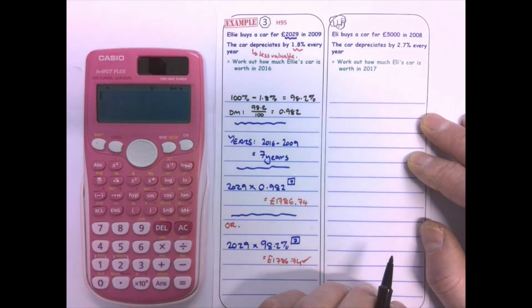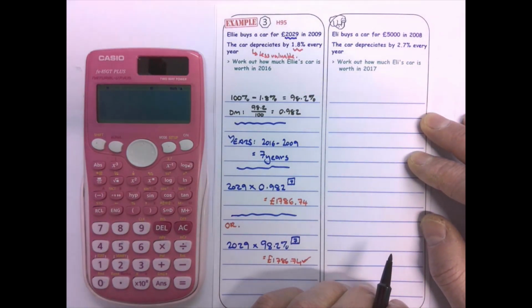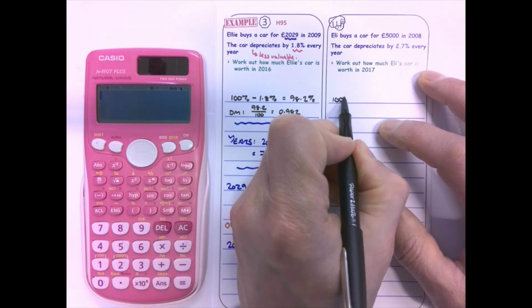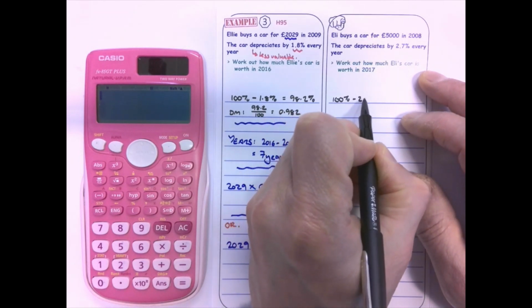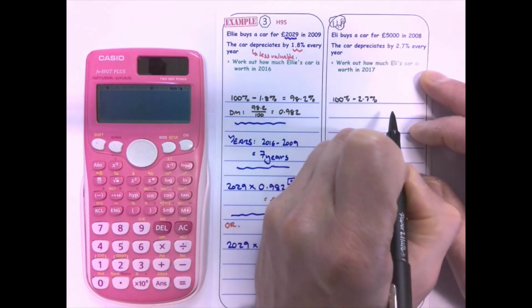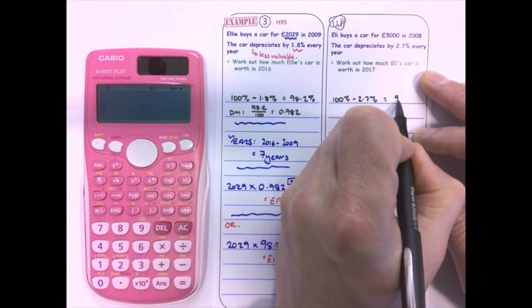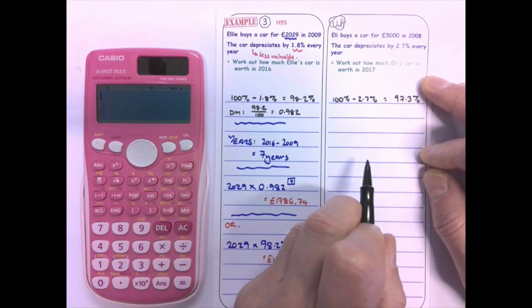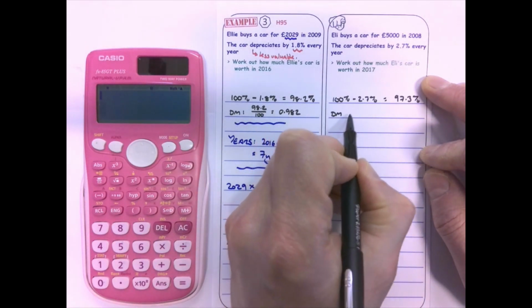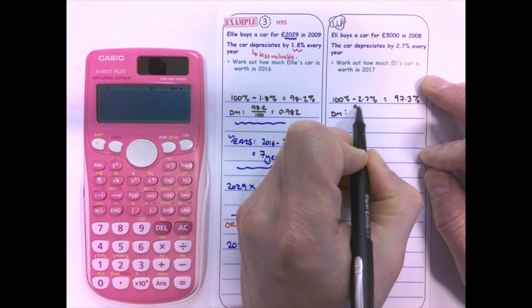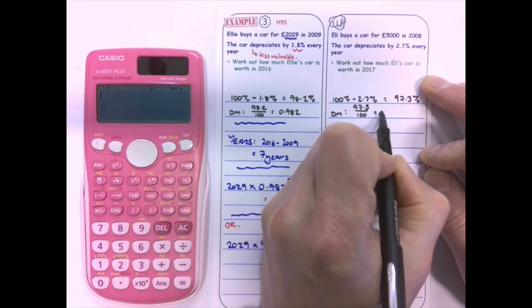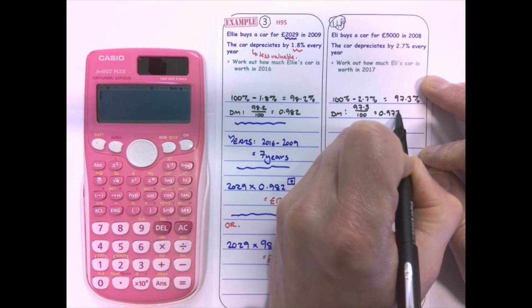So Eli is buying his car, £5,000 in 2008. The car's depreciating 2.7% for every year. Okay, so 100% take away 2.7% is going to give us 97.3%. So as a decimal multiplier, 97.3 over 100 is 0.973.